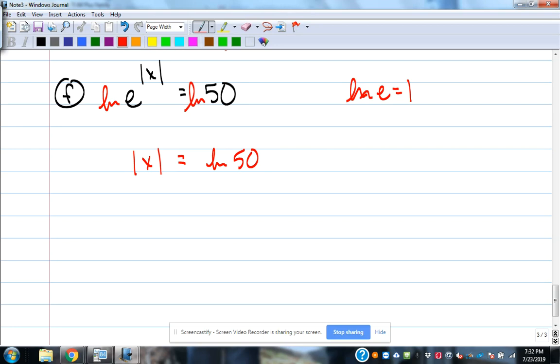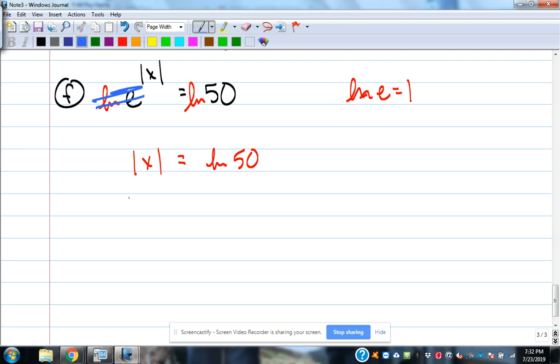And what do we know about the natural log of 50? It's a number. Because natural log is base e, if you take the natural log of something with e, they cancel one another out. That's how I ended up with absolute value of x there.